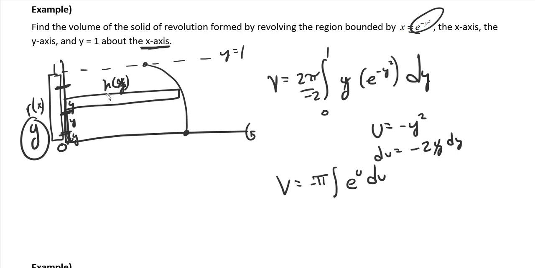And then you integrate this, so this would be from negative pi e to the negative y squared from 0 to 1. And that would be what you get, which is around 0.632 pi.